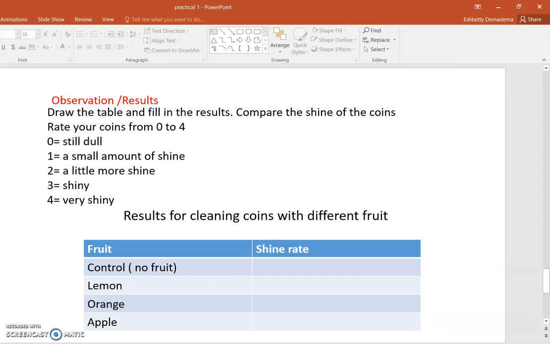And then your next slide will be your observation sheet, the results that you got. From this sheet I said that you must draw the table and fill in the results, compare the shine of the coins, and then rate your coins from 0 to 4. 0 means it's still dull, 1 means a small amount of shine, 2 a little more shine, 3 it's shiny, 4 it's very shiny.